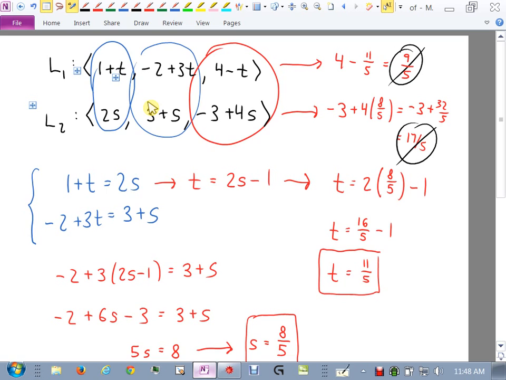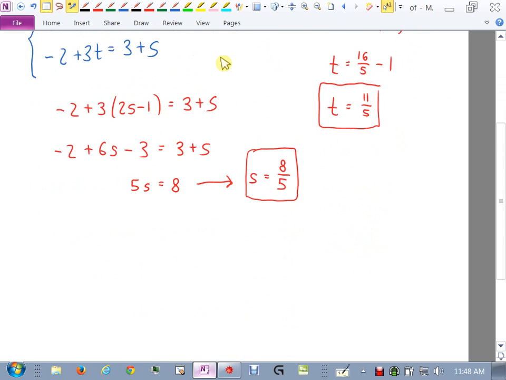What's the next thing we wanted? Okay, show that they are not parallel. Show that they are not parallel. How can I do that?